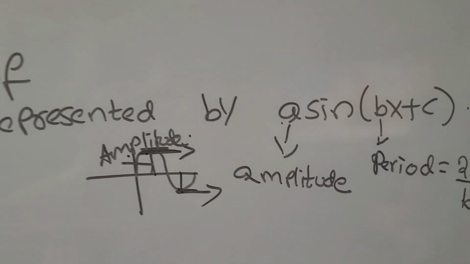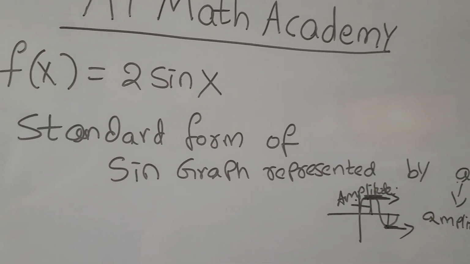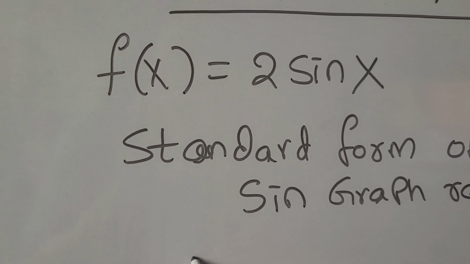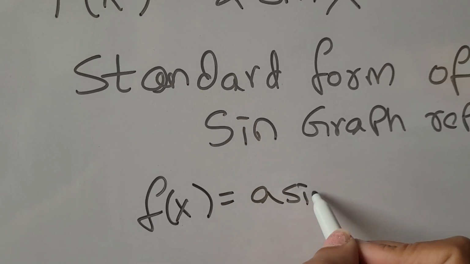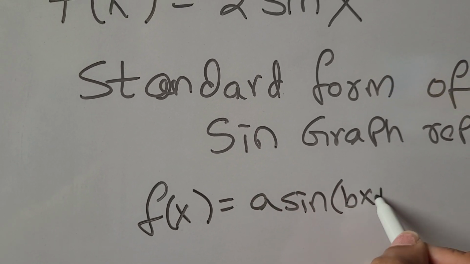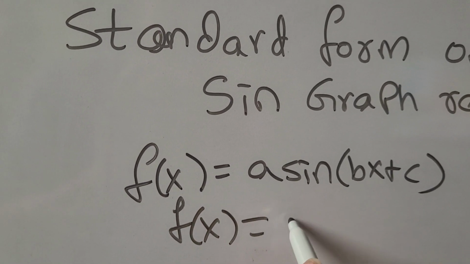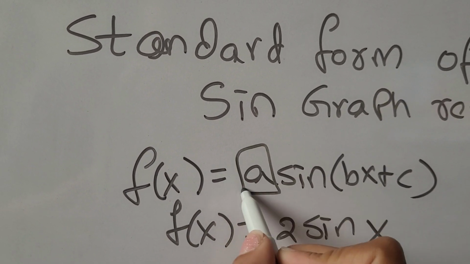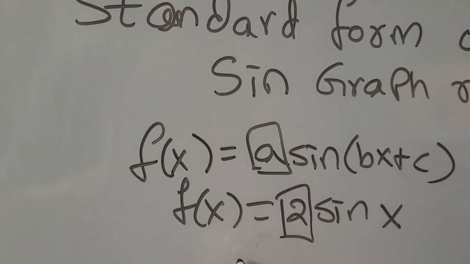So now let's try to resemble this function in the form of the standard function, f of x equal to a times sine of bx plus c. I'm rewriting my given function here. f of x is equal to 2 times sine of x. As you can see, in the place of a I have the value 2.